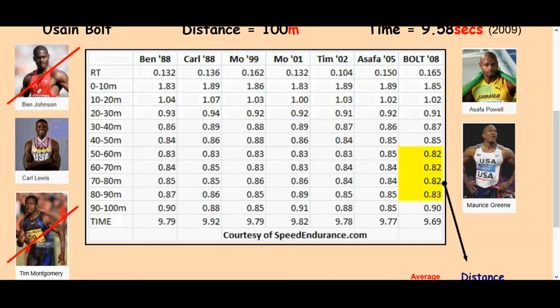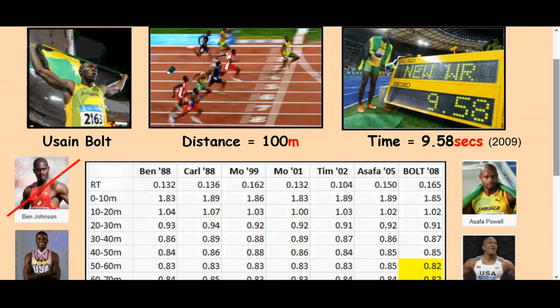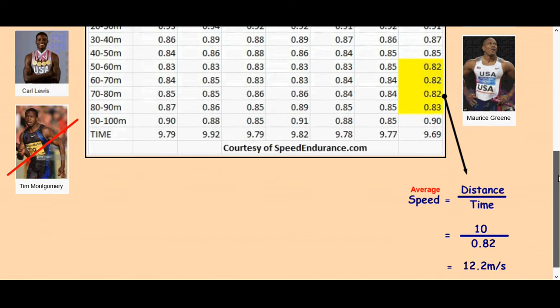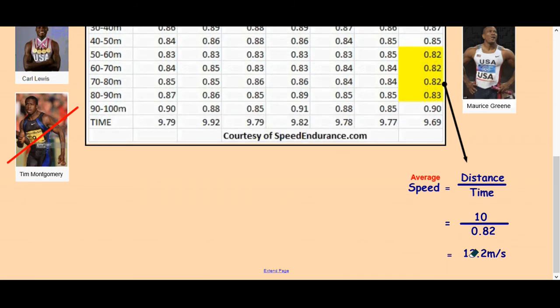And you can see that when he runs, he gets this big gap between his runners, usually towards the end of the race. Now, to get his fastest speed, if we take the 10 metres that he travels and divide it by the fastest time he took, which was 0.82, you'll get his fastest speed in the race, which is 12.2 metres per second, which is absolutely ridiculous if you think about it.